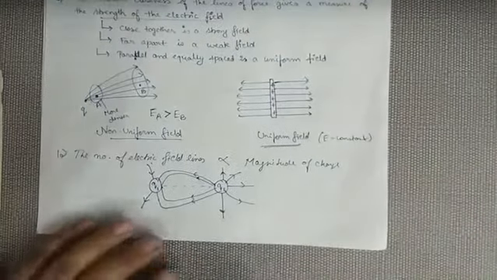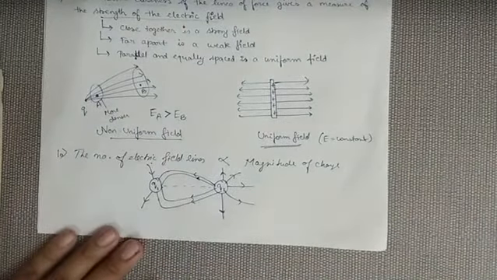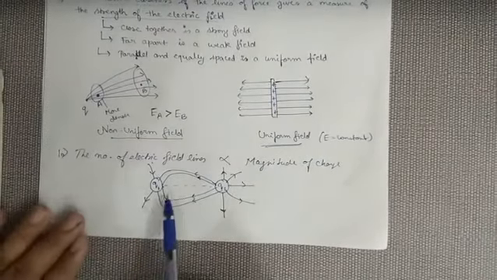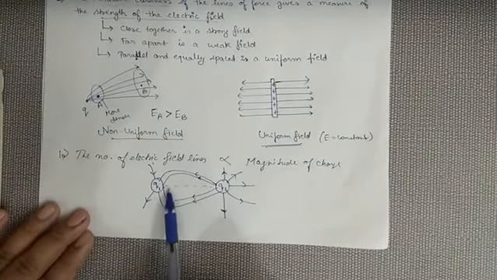Now from both these diagrams, just try to understand how many lines are entering the charge Q1.